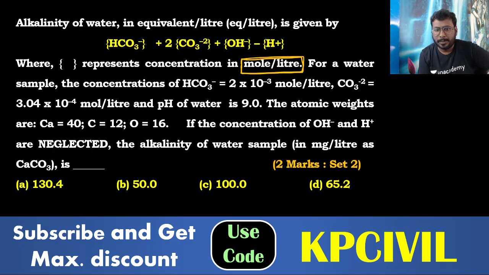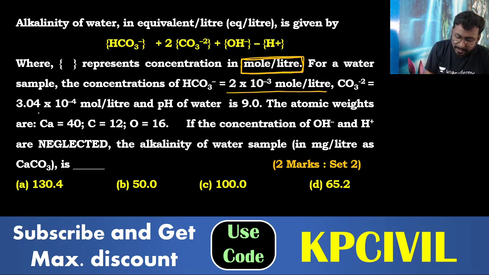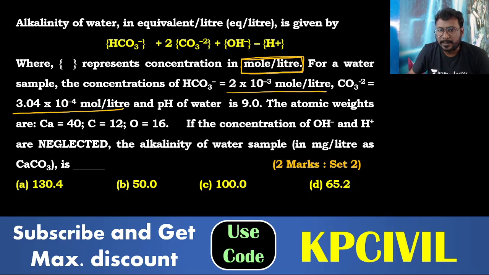For a water sample, the concentration of HCO3 minus is 2 into 10 power minus 3 mole per liter, CO3 2 minus is 3.04 into 10 power minus 4 mole per liter, and the pH of water is 9. Atomic weights: calcium 40, carbon 12, oxygen 16.